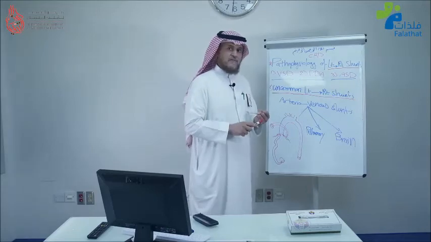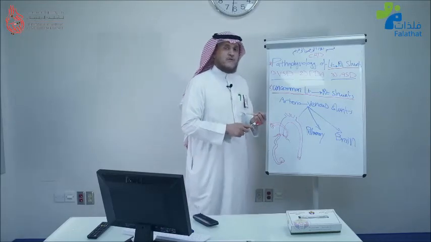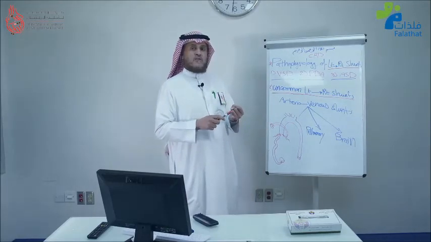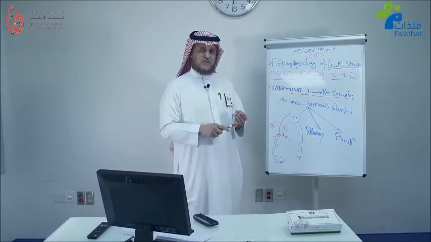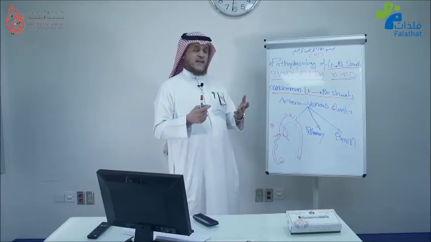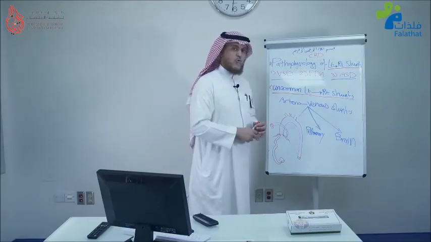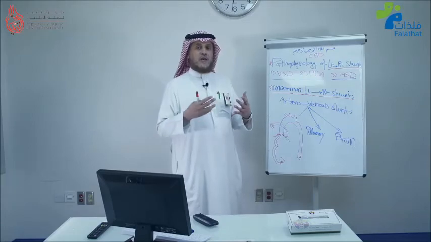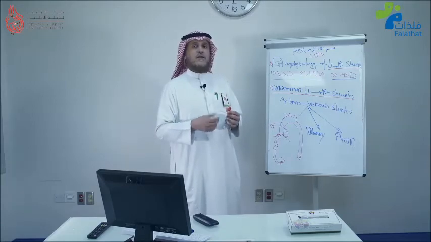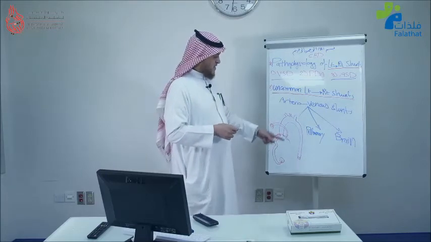They do have a left to right shunt, so the pulmonary blood flow, through the venous flow being received plus the shunt, will increase. The left atrium flow will be increased. The left ventricle flow will be increased. We will have left ventricular and left atrial dilatation if the shunt is significant.